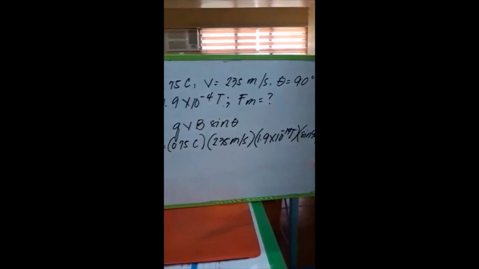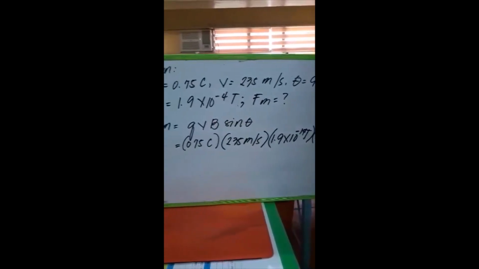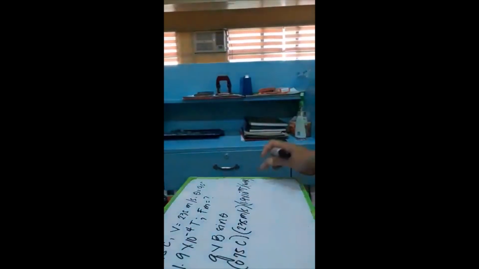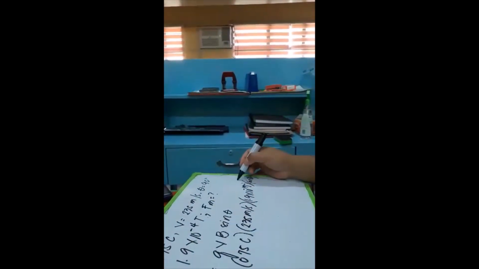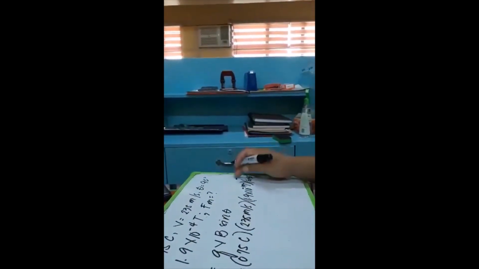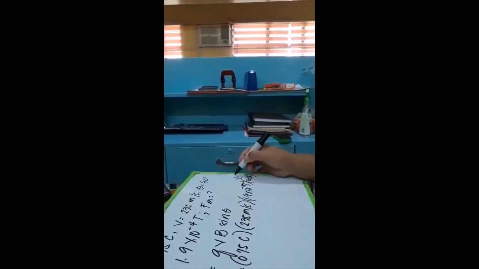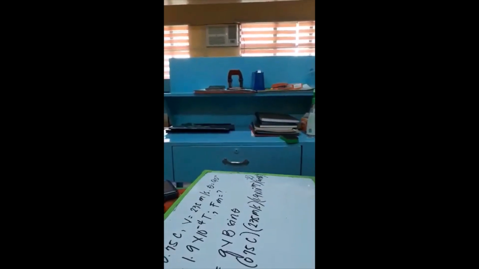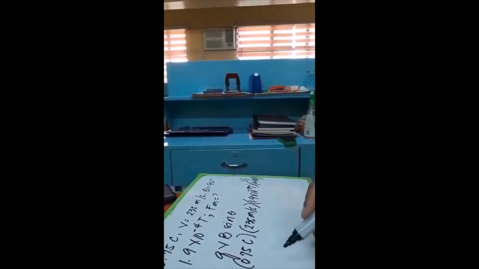So we just only substitute the given based on our formula. So let us try to see what is sine 90. Sine 90 is equal to 1. So wala na po tayong gagawin po dyan. It's already 1. 1 lang po siya. Okay? So let us try to see.